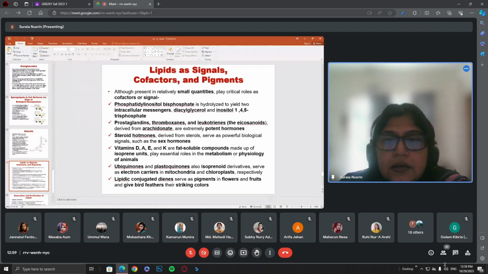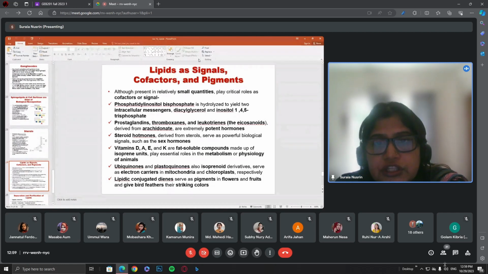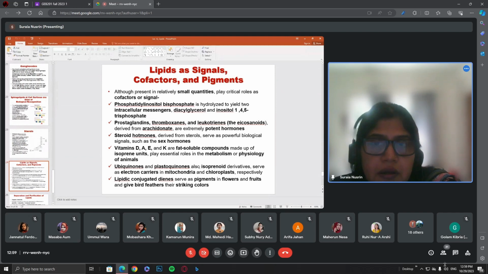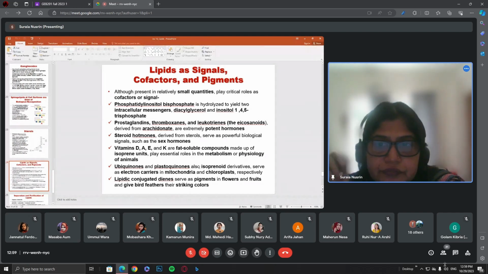So these lipids which are functioning in these functions, they are required in very small quantities. That means if very small amount of these lipids are present, the function can be fulfilled. So we'll learn a few of the examples.